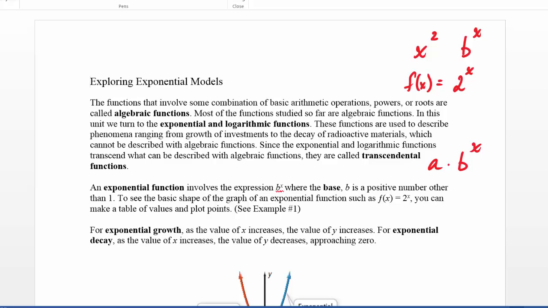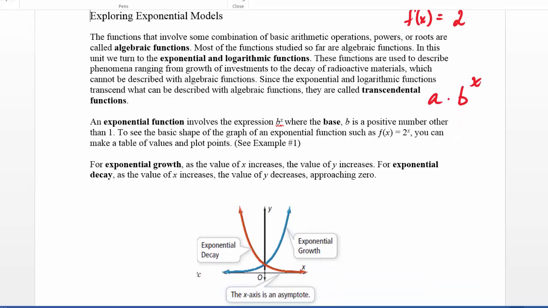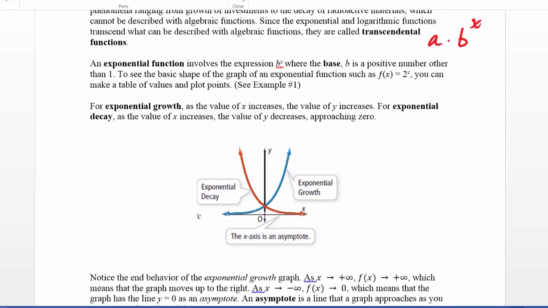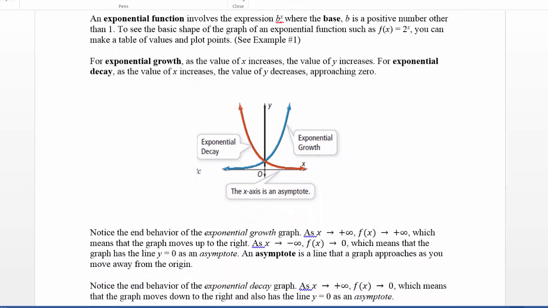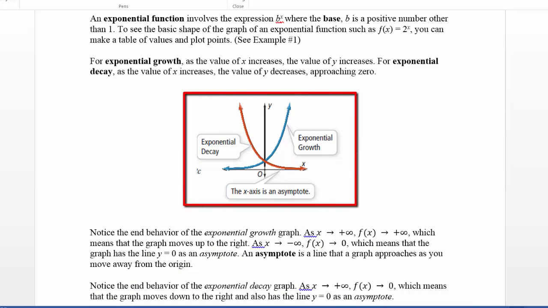Any exponential function can be either what we call a growth function or a decay function based on the value of b. So if you look here, you can see what this would look like from a graphical standpoint: exponential growth from left to right increases exponentially, as we would call it, and an exponential decay decreases exponentially.